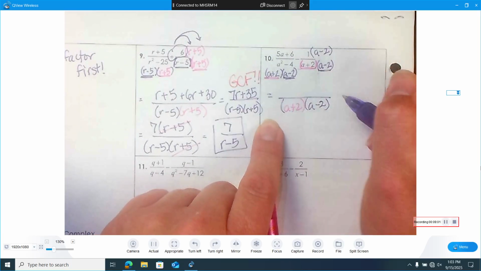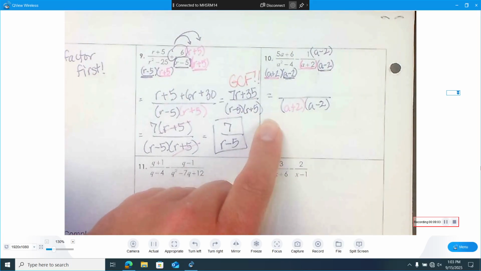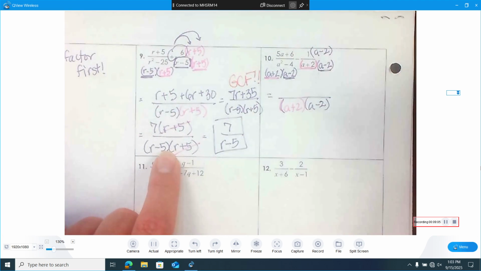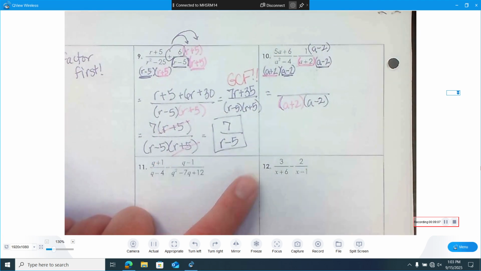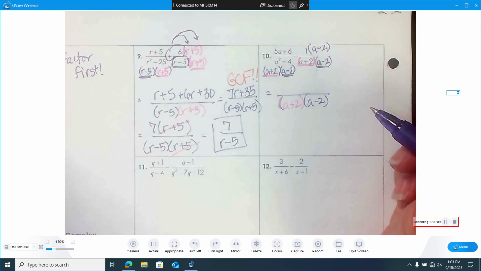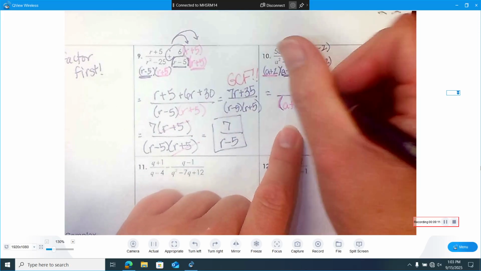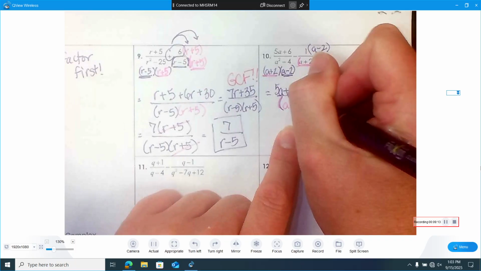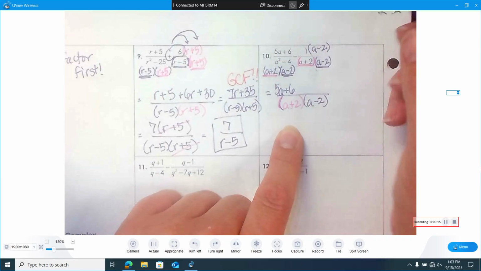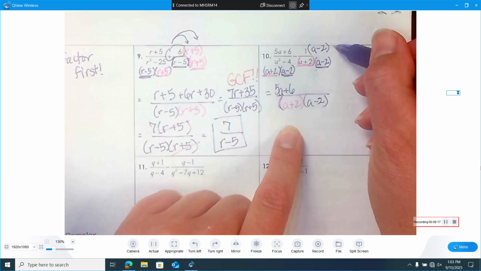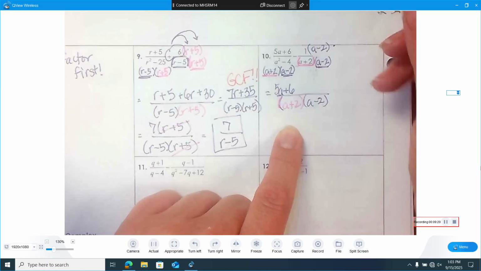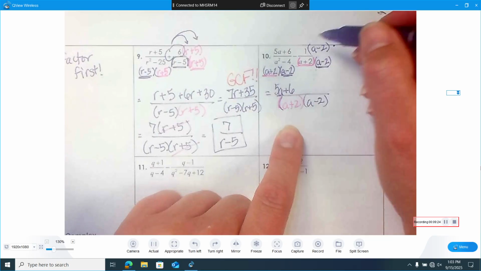Now you multiply that out, Ellis. I'm going to leave it factored because ultimately I'm going to have to see if I can factor and reduce. So we want to leave bubbles. I'm going to combine my numerator. Let's see, that would be 5A plus 6 for the first fraction. What do I have to do on the second fraction? Distribute what? Is it a 1 or should we distribute a negative 1?